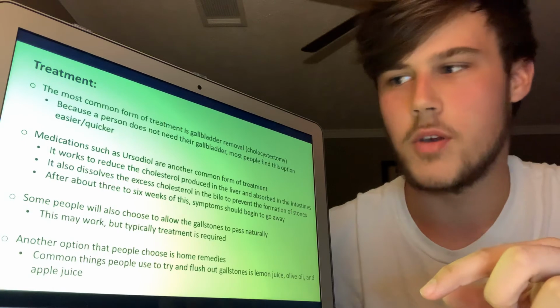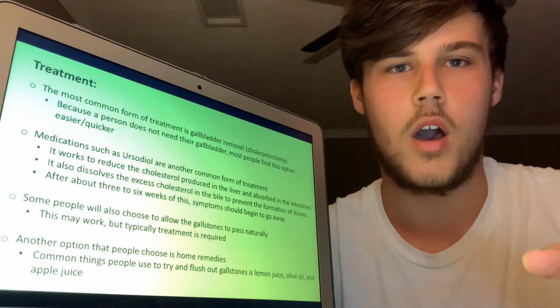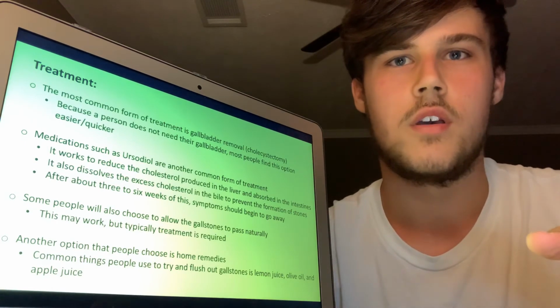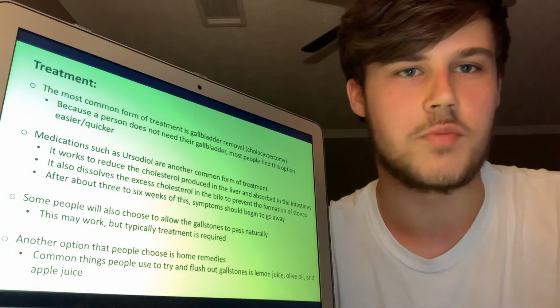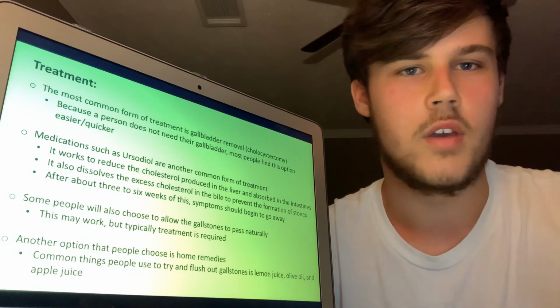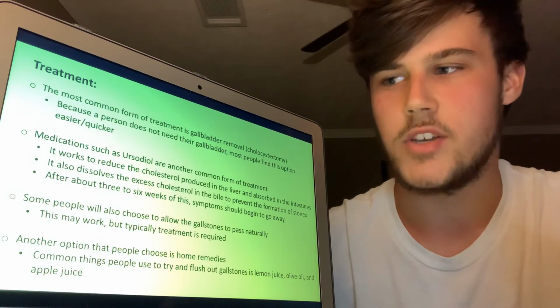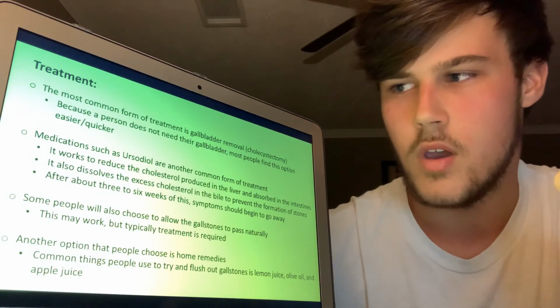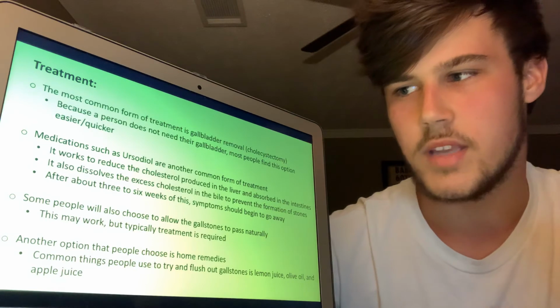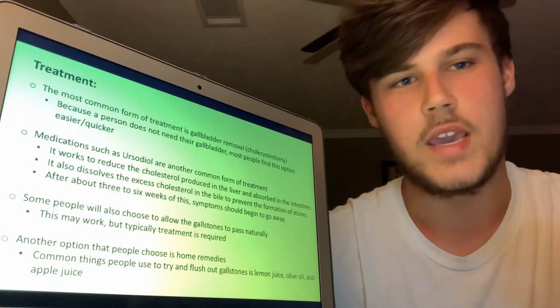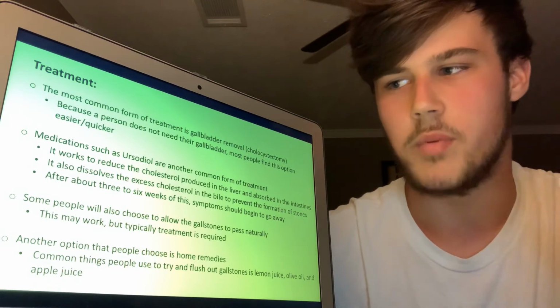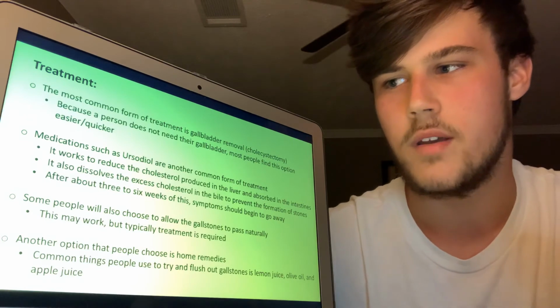All right, the most common treatment for gallstones is just to remove the gallbladder, just because it's easier and quicker. It's just what most people pick. The next one is medications, such as ursodiol. I don't know if I'm saying that right, but it's another common form. It's probably the second most common form of treatment.